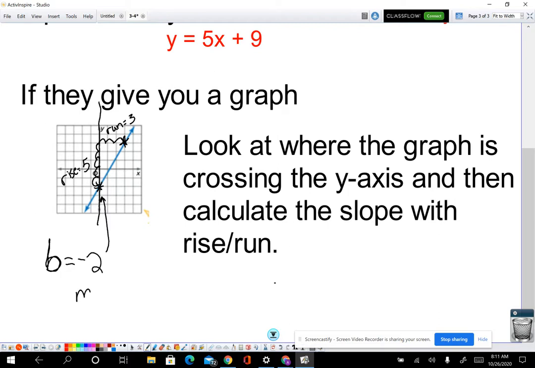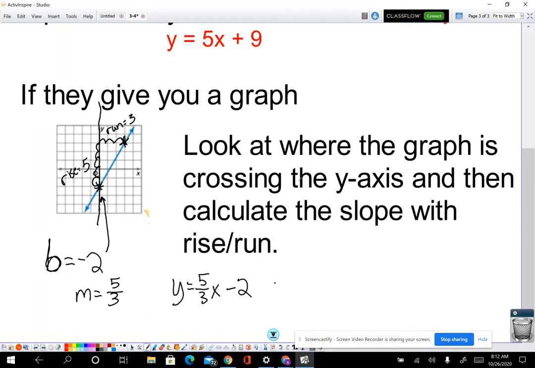So my slope is 5 over 3. Once I have those two values, I'm going to create my equation by replacing the m and the b in the equation. So y equals 5/3 x minus 2. Now I could put plus a -2. That's all right also. That's another way to do it.